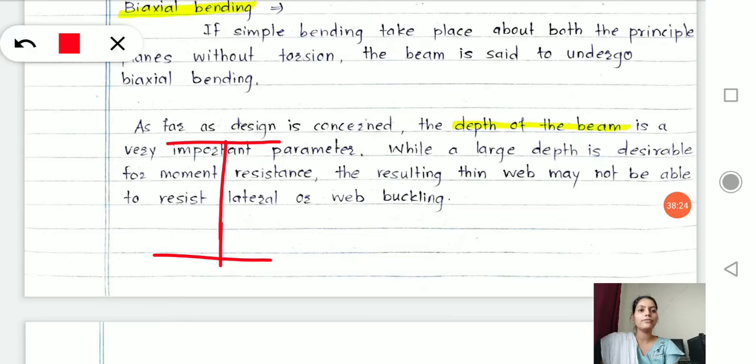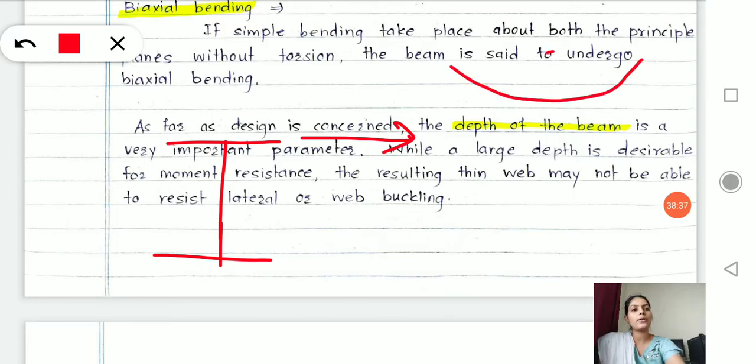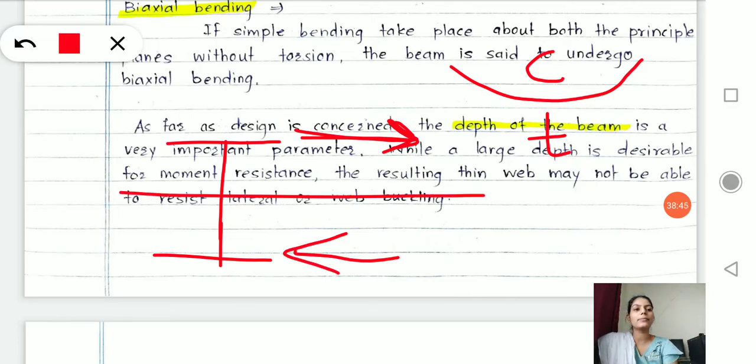If this I section beam is simply supported, then it will bend like this. Compression is at top, tension is at bottom. This is the compressive force and this is the tensile force, and this middle axis is the neutral axis, which separates compressive force from tensile force.